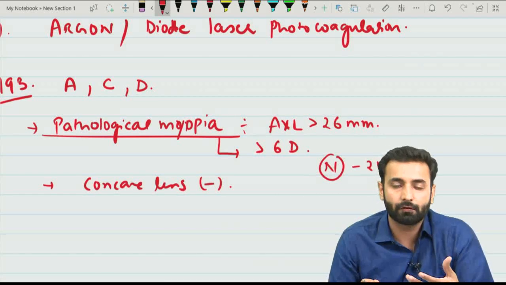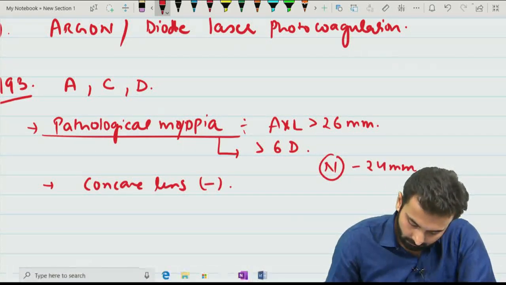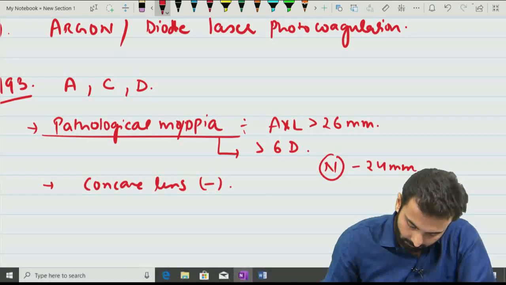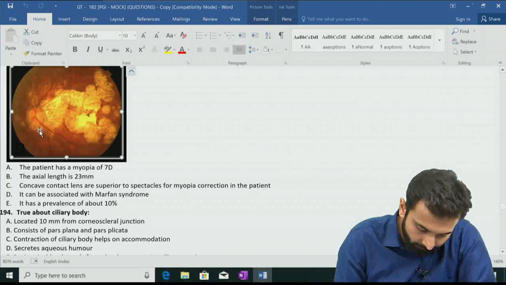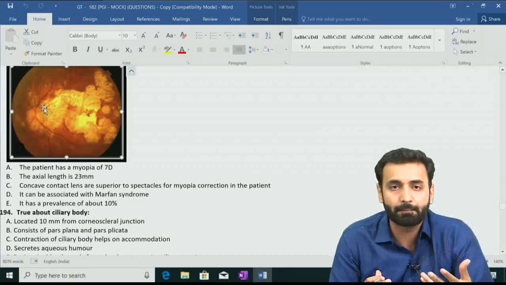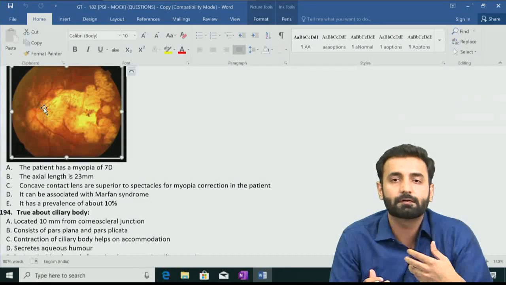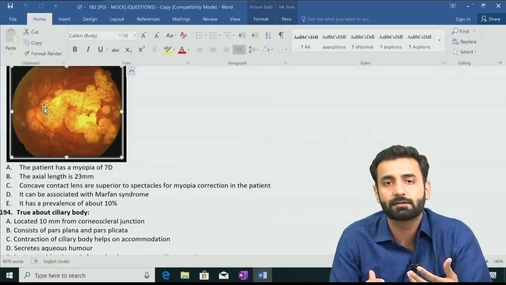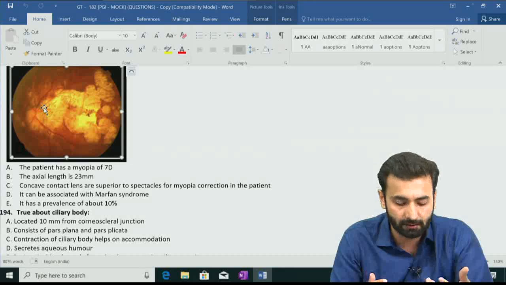Due to stretching, in the myopic fundus you can see peripapillary atrophy and RPE atrophy, due to which the choroidal vessels are more visible, right?